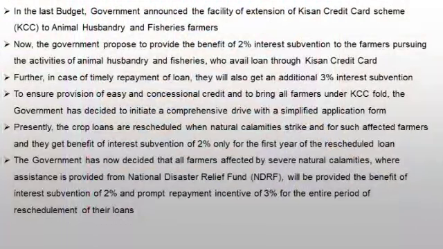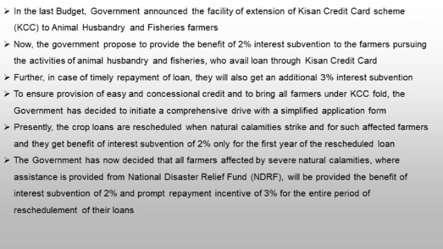Now, the next thing the government said is it will simplify the application process for the Kisan credit cards so that many people can get them.